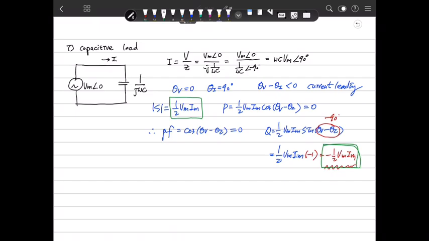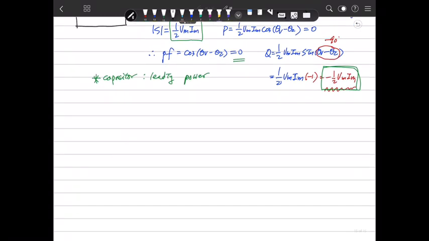The active power is 0, therefore the power factor is 0. This power is especially called the leading power, because the current phase leads the voltage phase angle. So the capacitor causes leading power.